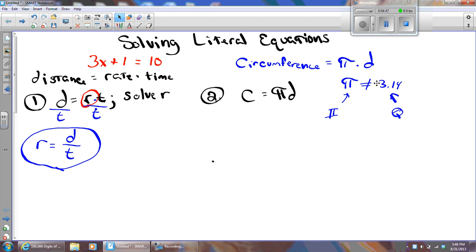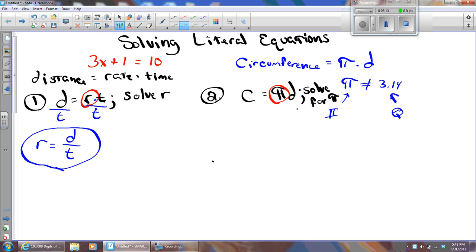All right, so in this problem, I'm going to ask you to solve for pi. Okay, so the problem's going to have to tell you what to solve for. In this case, we're going to solve for pi. Okay, well, what's my goal? To get pi alone. What number is keeping pi from being alone? The d.